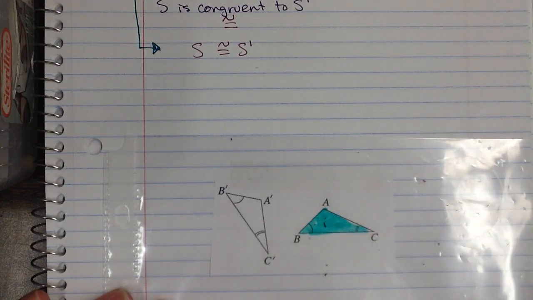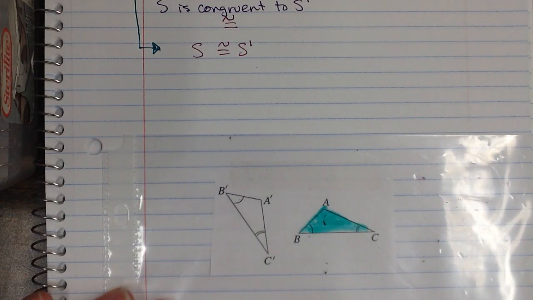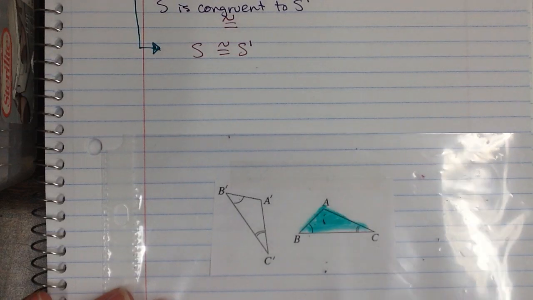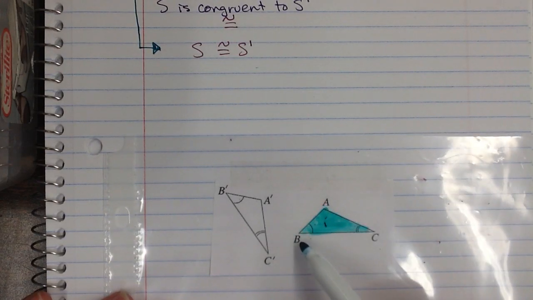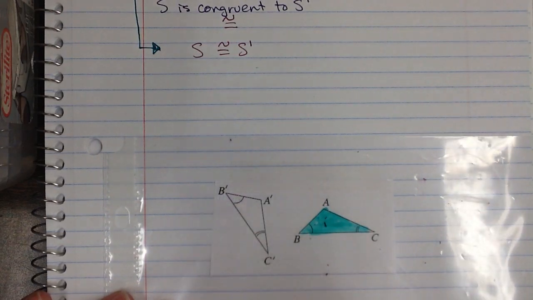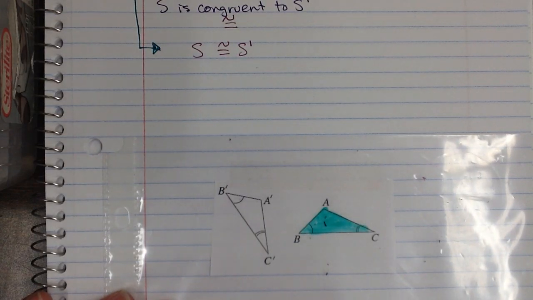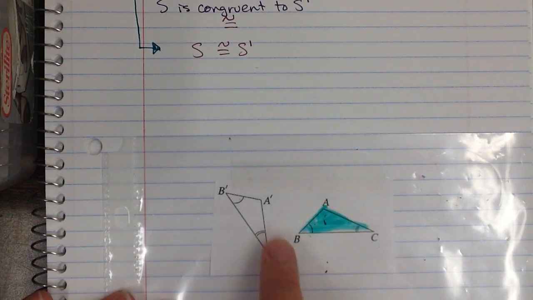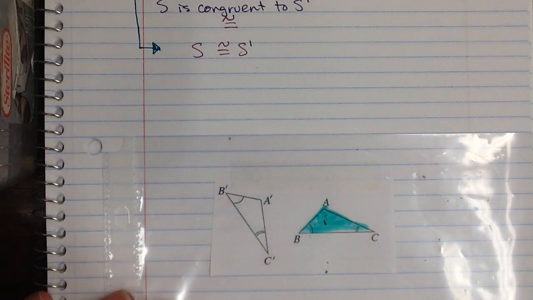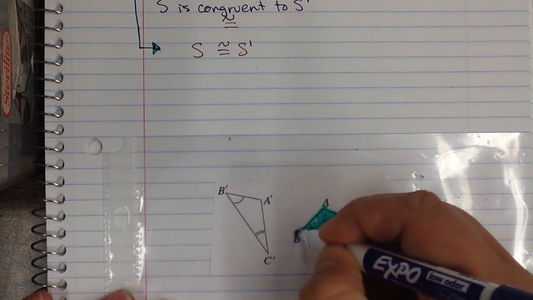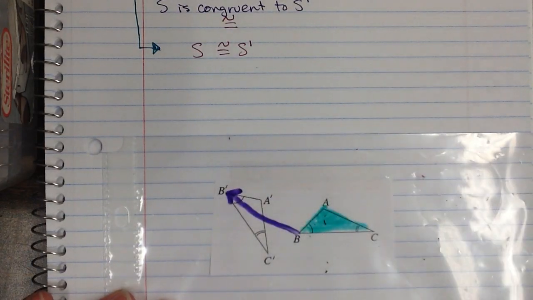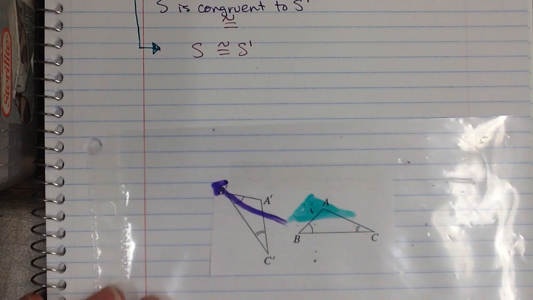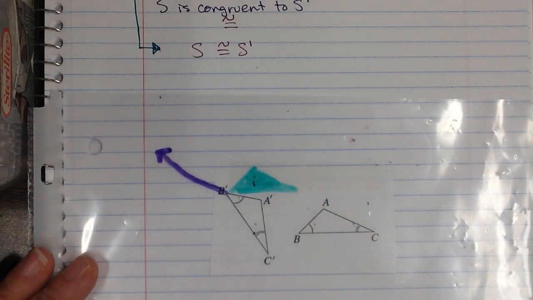And the first thing I want you to start doing is connecting one of the points from the original figure to another point. To connect them, you would do a translation. For me, it's easier if I translate on the outside, like B to B prime. So I would do a vector, B to B prime, and then I'd move it like that.